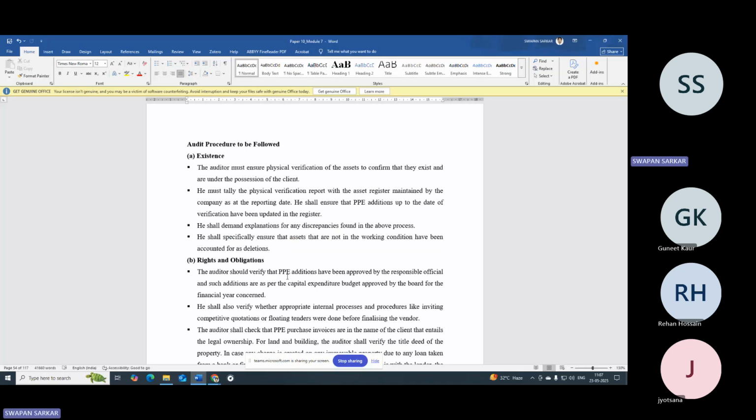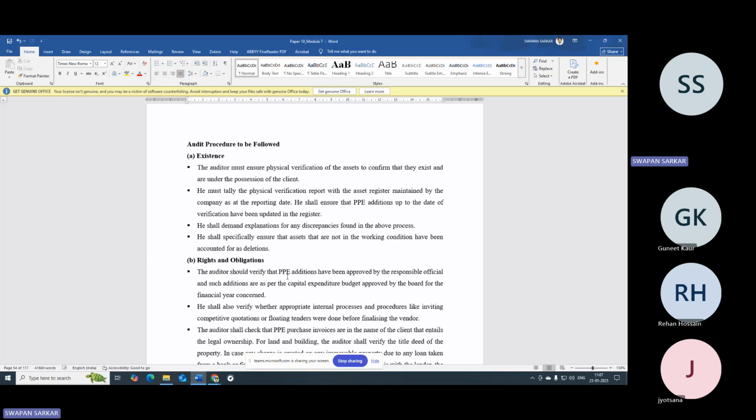First of all, existence. The auditor must ensure physical verification of the assets to confirm that they exist and are in the possession of the client. He must tally the physical verification report with the assets register maintained by the company at the reporting date.